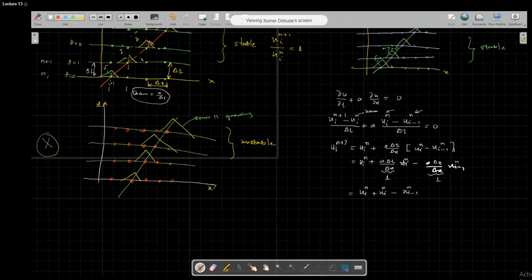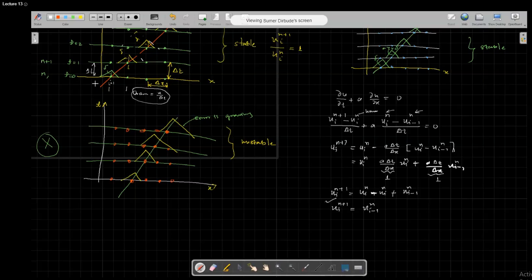Here it should be minus, isn't it? And this should be a plus. So this is plus, this is minus. So what we see here is finally ui n plus 1 should be equal to ui minus 1 n.